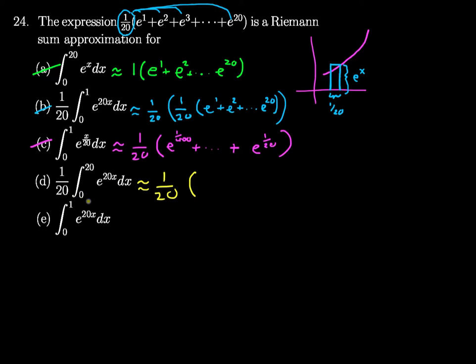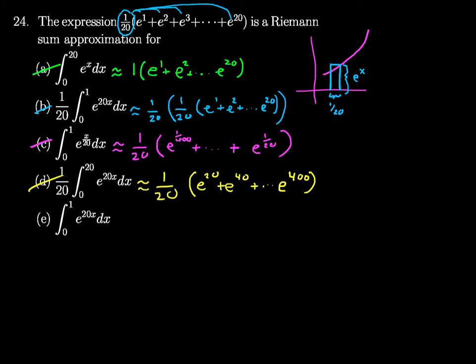But for the first value, at the end of the first subinterval, when I put in the 1, I get e to the 20th. When I put in 2, I get e to the 40th. When I put in 3, I get e to the 60th, all the way up to, when I finally put in 20, I get e to the 400th. Way off.